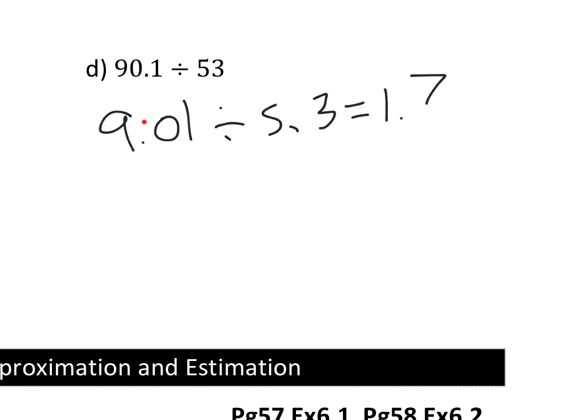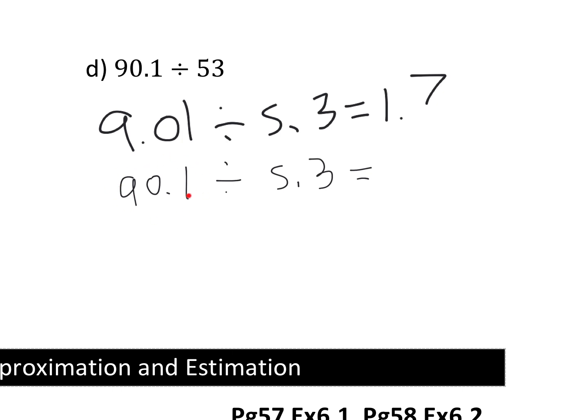Let's change the first number. Let's change the 9.01 to be 90.1, which it should be in the question that we're calculating. Keep everything else the same, so still divide by 5.3. If we know 5.3 fits into 9.01 1.7 times, how many times would 5.3 fit into 90.1?